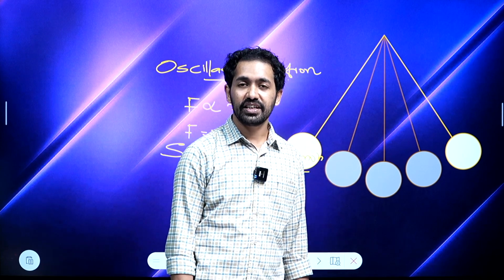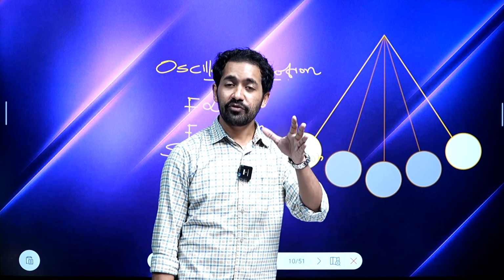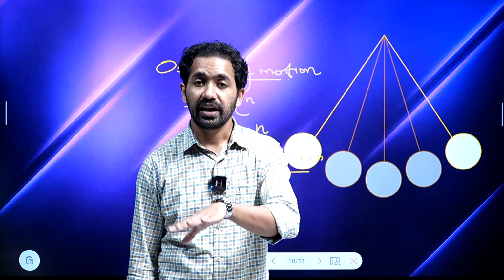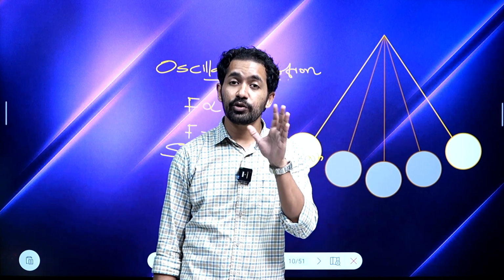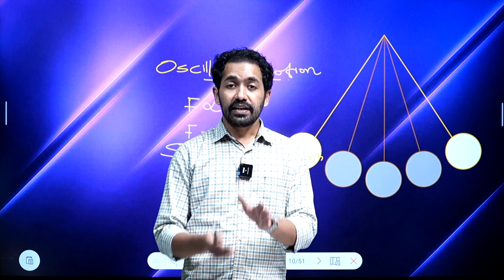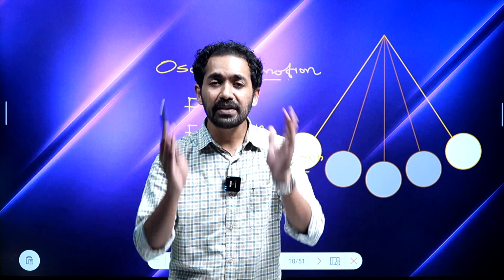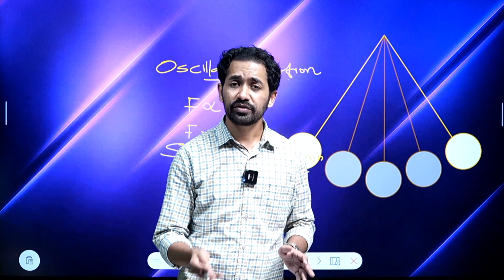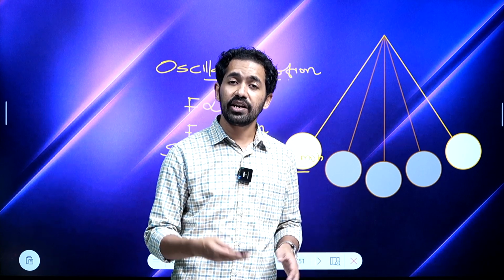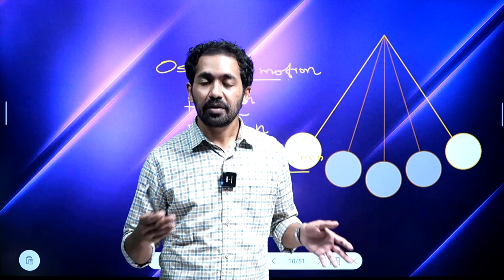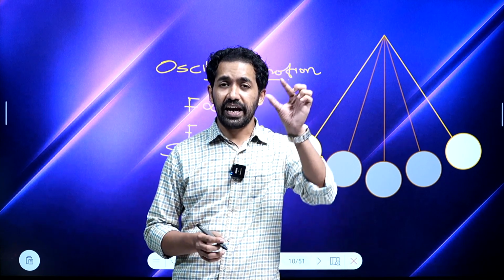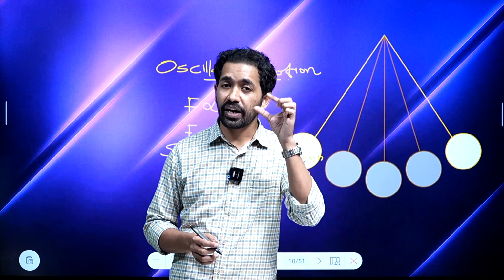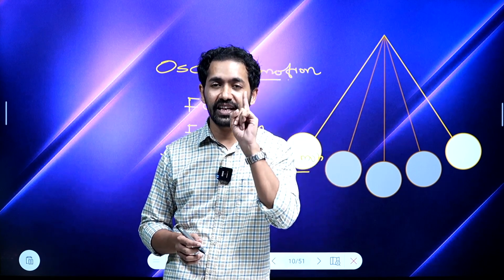So oscillatory motion is F equal to minus kx raised to n, and simple harmonic motion is F equal to minus kx, the simplest form of oscillatory motion. In oscillatory motion n varies from 1 to infinity, but for simple harmonic motion n takes the least value possible, and that is equal to 1.